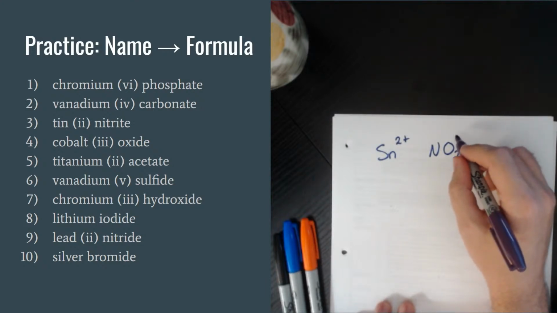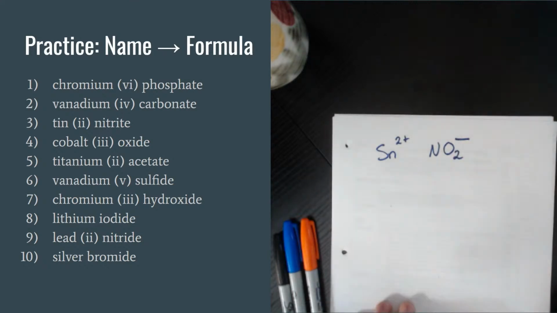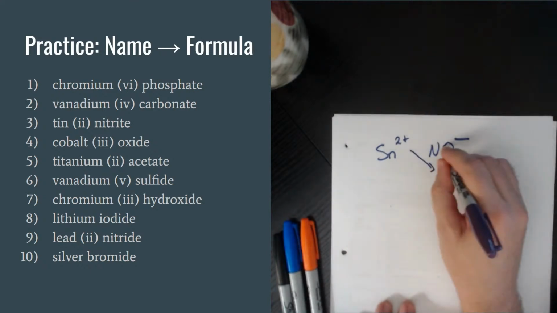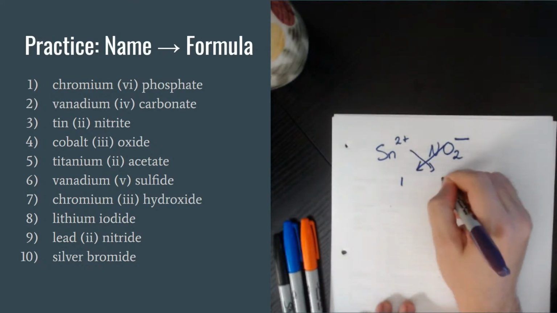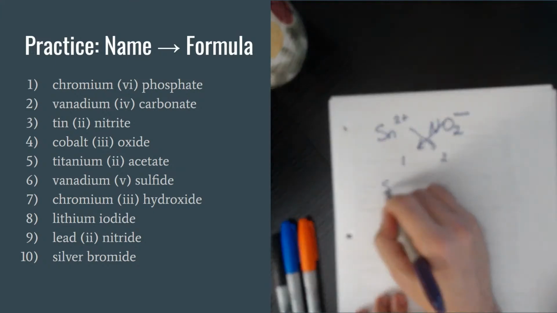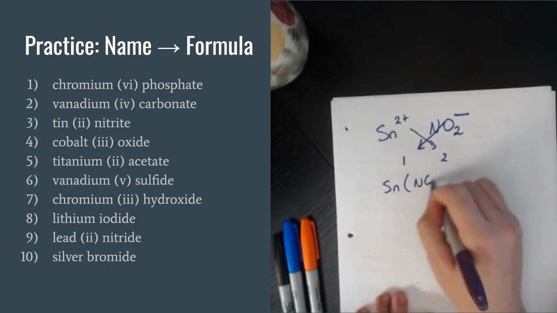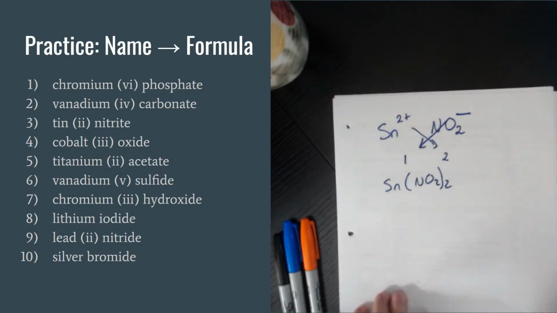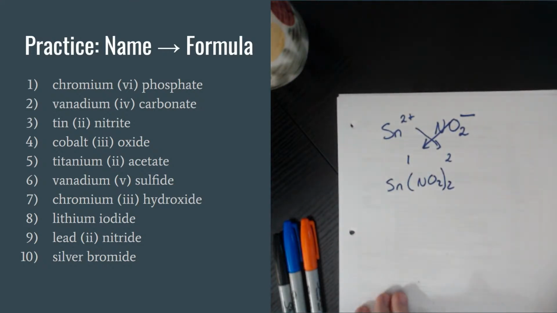We didn't start at nitrogen. We had to move over to nitrogen, so it has a 1 minus charge. So once again, we bring the charges down, 1 and 2. There's no common divisor, so it's Sn(NO2)2. And that is tin(II) nitrite.